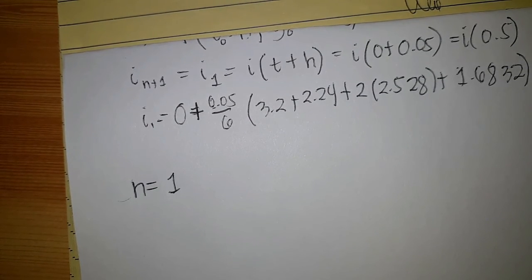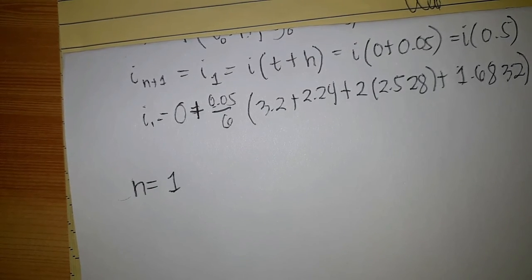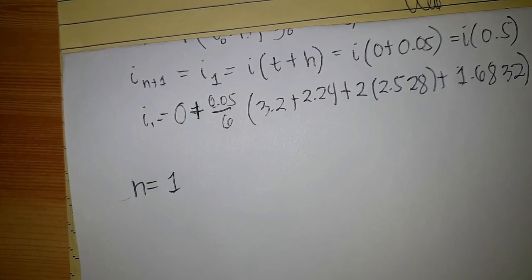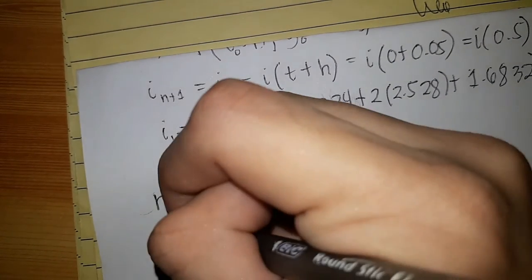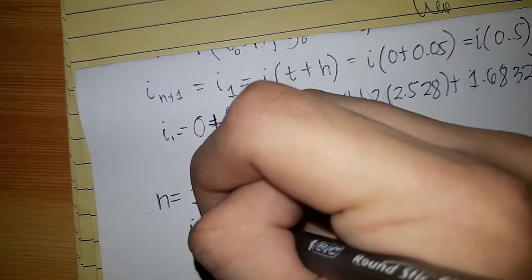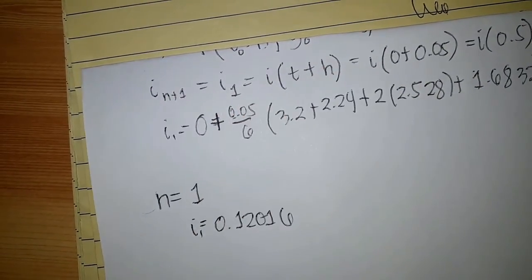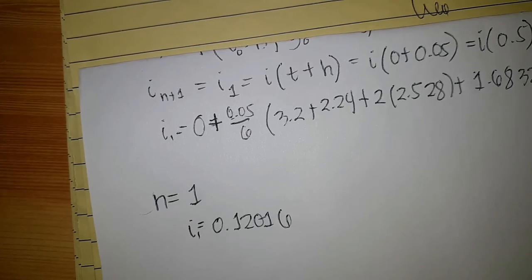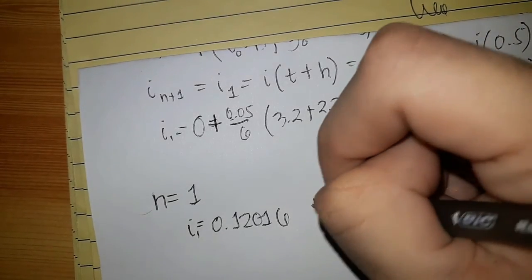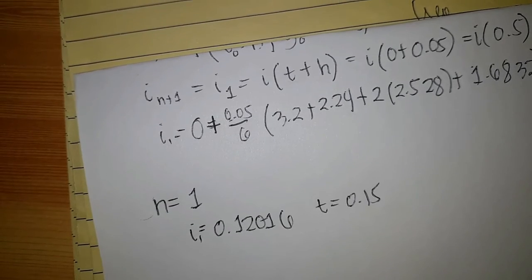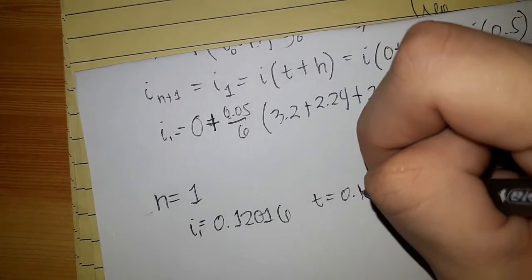So in this part, we are now just going to directly substitute all of the given values in those equations. But let us first remember that the I1 is equal to 0.12016, and the t that will be used in this problem is equal to 0.5.